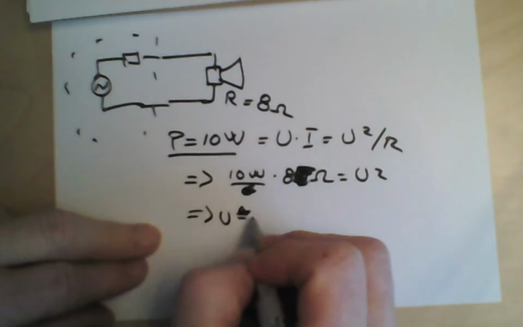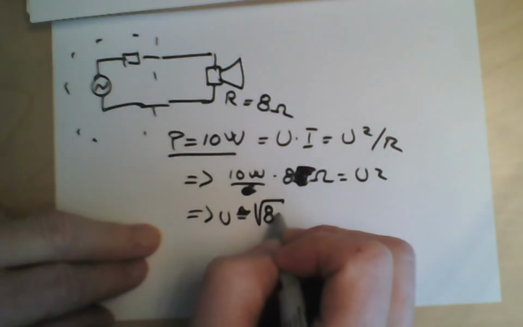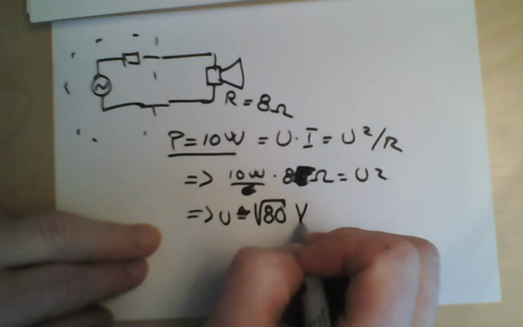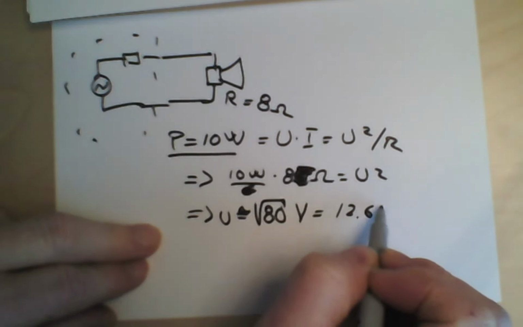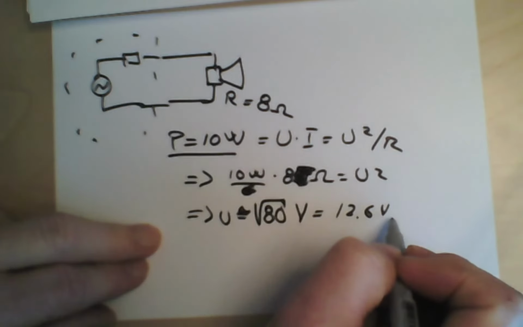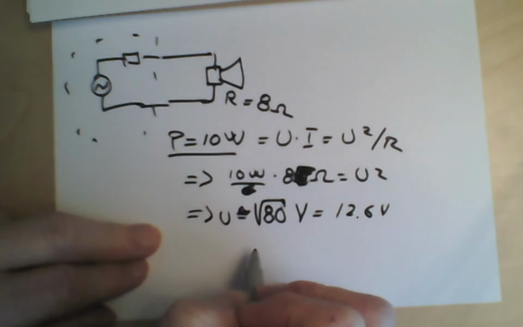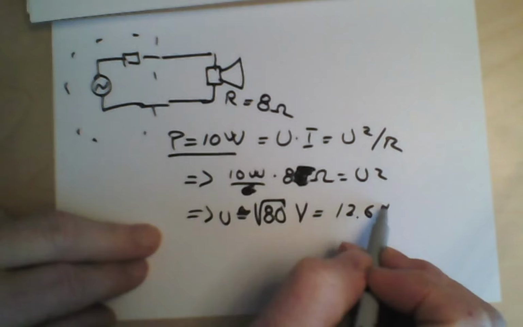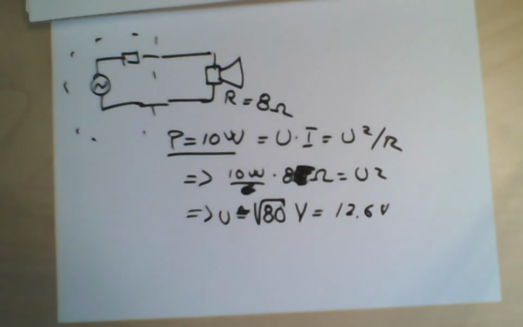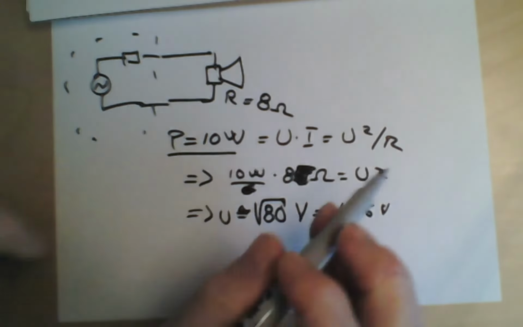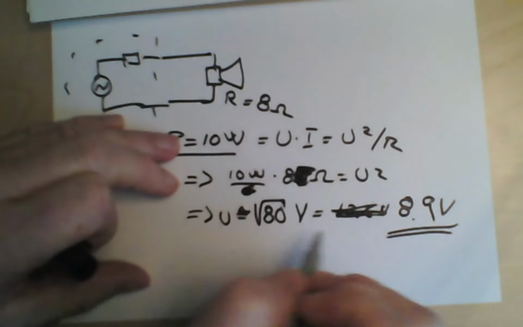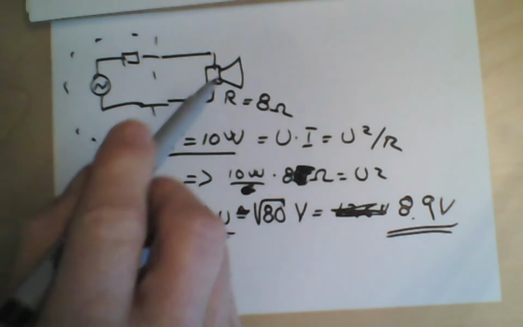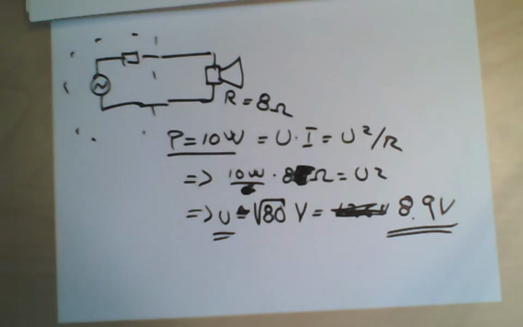U is the square root of 80 volts. No, that wasn't 12.6 volts, that was 8 point something, 8.9. This is 8.9 volts, which sounds okay. So about 9 volt RMS signal will give you 10 watts in 8 ohm.